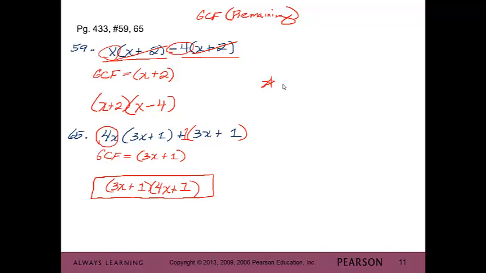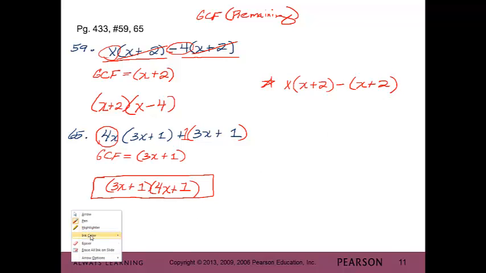Let me make up an example real quick. Let's say I had x times x plus 2, just like up here, minus just x plus 2. And I want to factor. So I see that my GCF is what's being repeated, which is that x plus 2. So I'm going to write my x plus 2. Then I'm going to open a parentheses. Now who's on the outside of the parentheses? Well, there's an x.